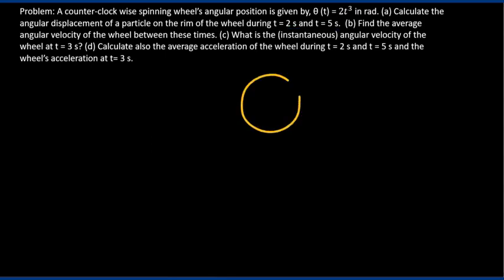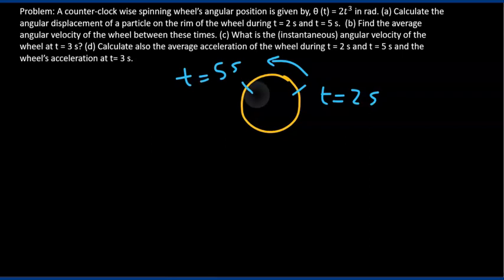So this is that wheel, and let's say you have a particle here, and then it moves counterclockwise all the way to some later time. So at t equals 2 seconds, it's there, and at t equals 5 seconds, it's there. So we want to determine the angular displacement for this motion, meaning delta theta.